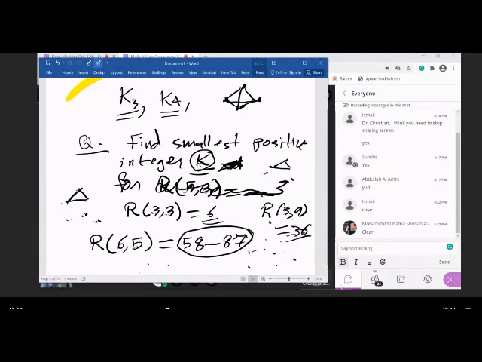Now imagine you're going to scream again: R(10,10), the smallest such number, is a number between 798 and 23,556.